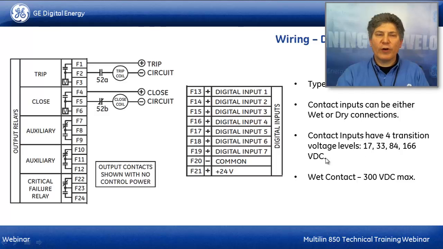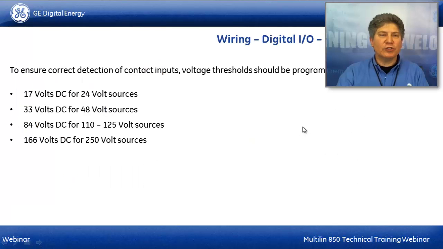So we can program whatever our transition level is to indicate that, for instance, a contact has been closed or it's open based on our source voltage. Now, to ensure that we have correct detection, we have 4 different voltage levels, as I described before: 17, 33, 84, 166, and they should be tied to these voltage levels: 24 volts, 48 volts, 110, 250 volts.